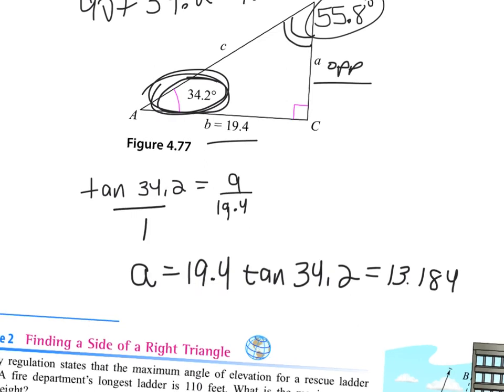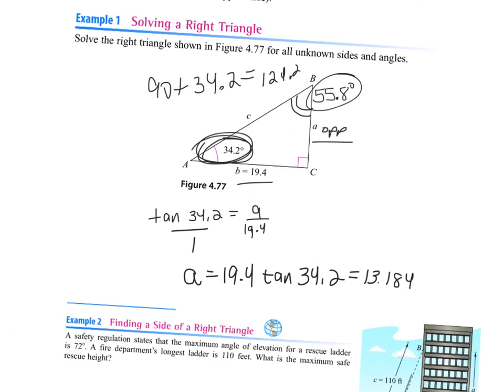Okay, so if they tell you to round to one decimal place, it would be 13.2. If they tell you to round to two decimal places, it would be 13.18. If they tell you to round to the nearest whole number, it would be 13.